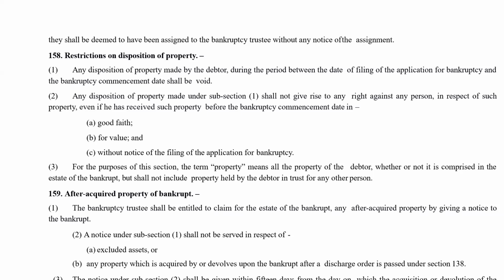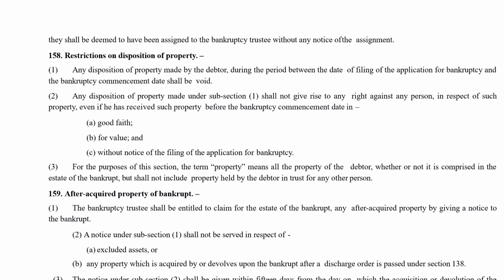Now the point is that if the insolvent, the personal guarantor for whom rules and regulations have been notified, transfers after the date of filing and before the insolvency commencement date, then what will happen? I think we can get the answer in section 100.